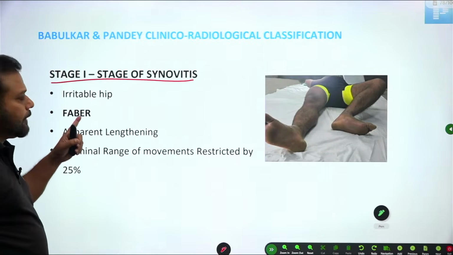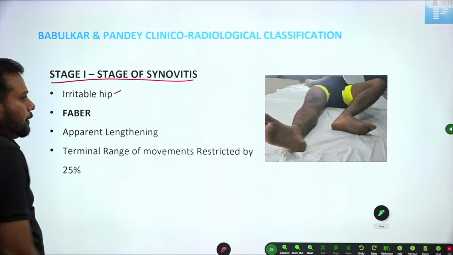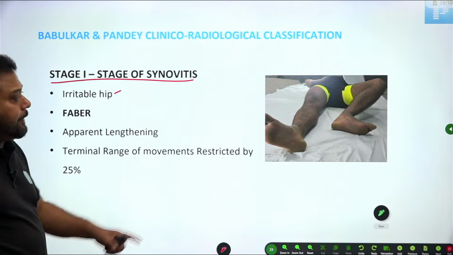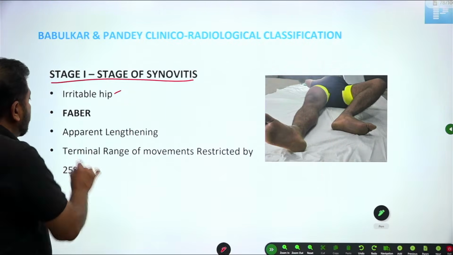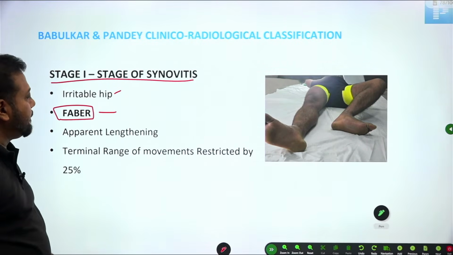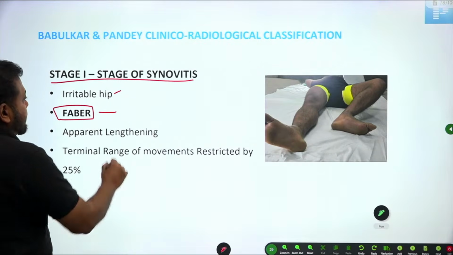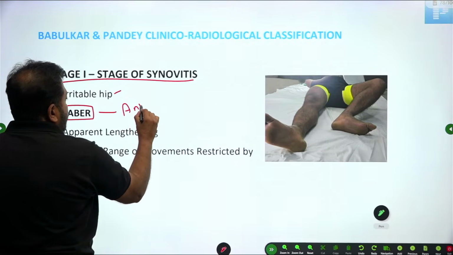In the stage of synovitis, there is irritable hip, and severe pain will be there. Look at the image: flexion, abduction, external rotation, FABER, like your anterior dislocation of the hip.